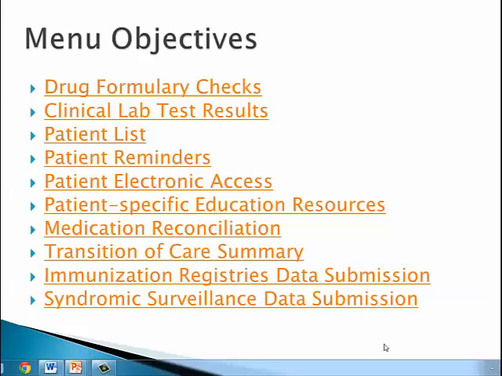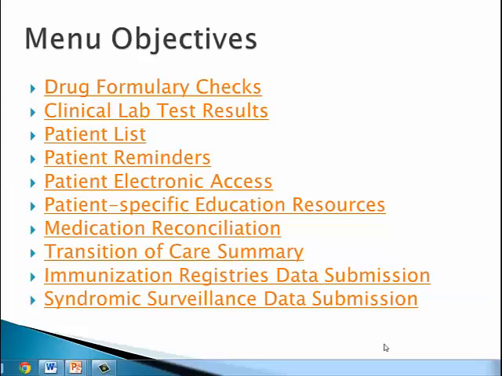Patient electronic access. Patient-specific education resources. Often, when the patient leaves your office, you need to be able to educate them on what you just discussed, or what's wrong with them. Medication reconciliation, very important. Transition of care, what's going to happen next.